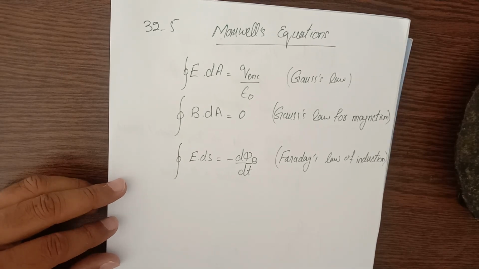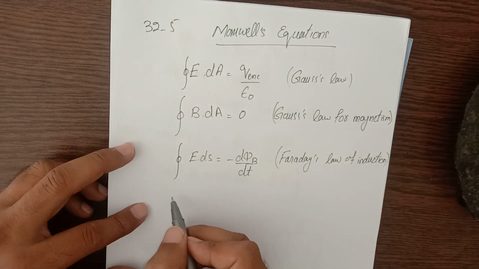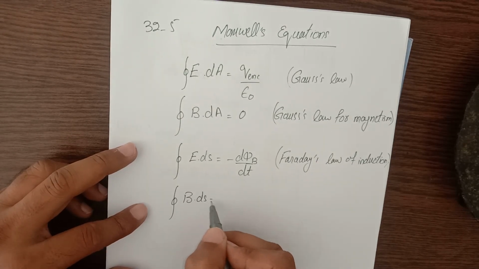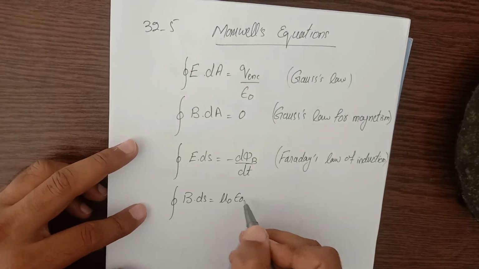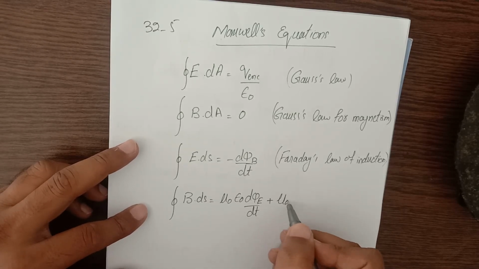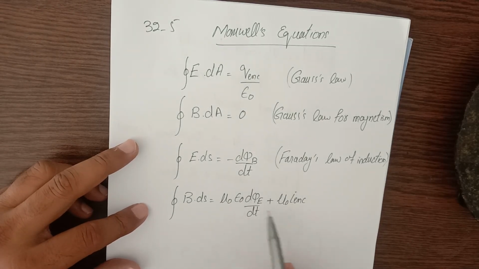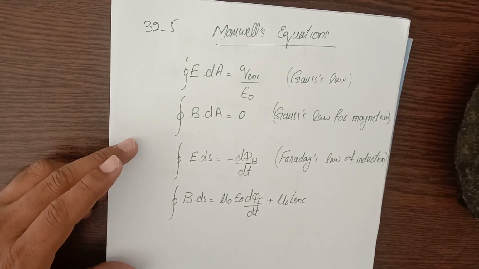And the last one is Ampere's Maxwell law, which is B dot ds equals mu naught epsilon naught d phi E by dt plus mu naught times the current enclosed. Or this one is displacement current and enclosed current. This relates the induced magnetic field to changing electric flux and to the current.